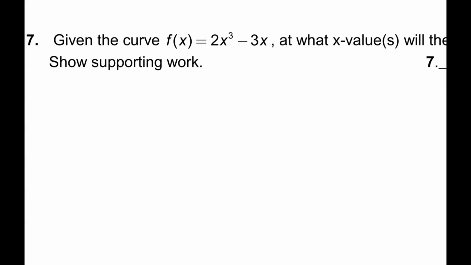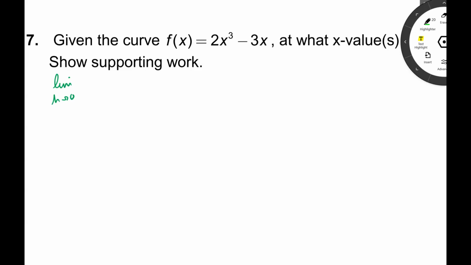Okay, so let me have a little smaller of a pen. Okay, so I want to take the limit as h approaches 0 of f of x plus h minus f of x all over h. So I'm going to leave everything in terms of x.